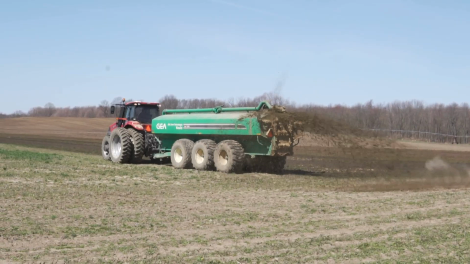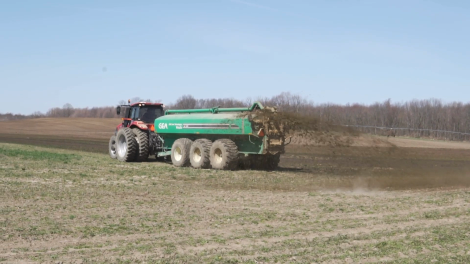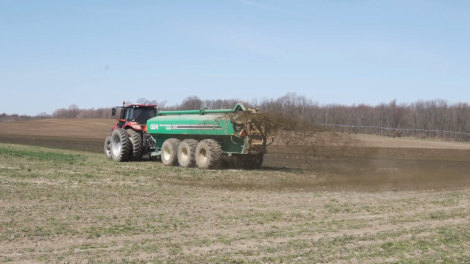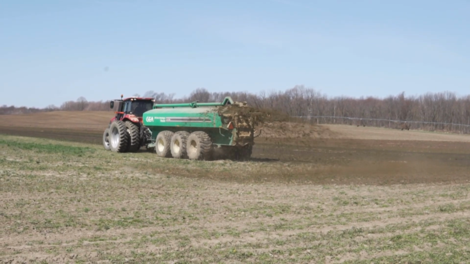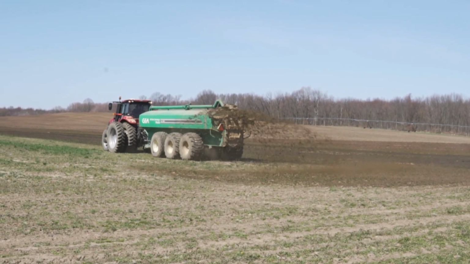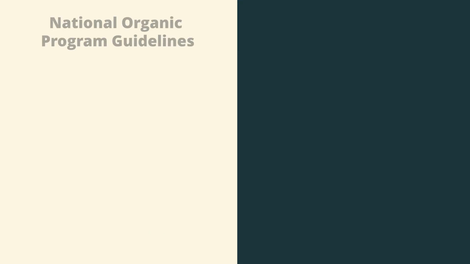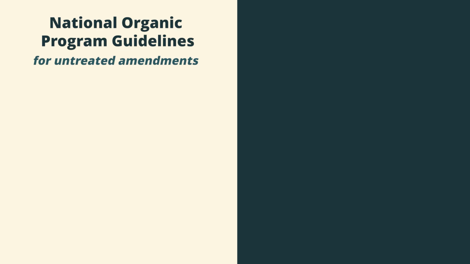So, how can you reduce risks when using animal-based soil amendments with fresh produce? The Produce Safety Rule does not currently define a minimum application to harvest interval, but the FDA suggests using National Organic Program guidelines to help minimize the likelihood of contamination.